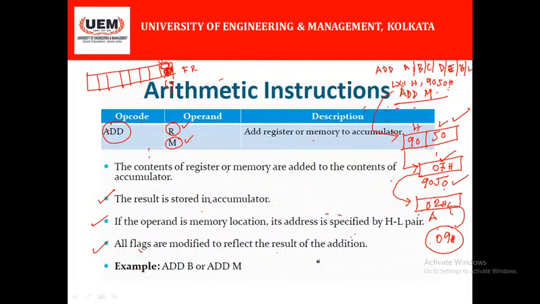After the addition the parity flag may be changed due to the even or odd number of ones present in the sum. Okay, next are examples: ADD B, ADD M. These are examples of these types of instruction.